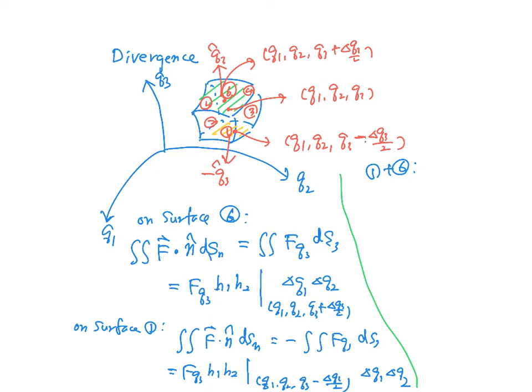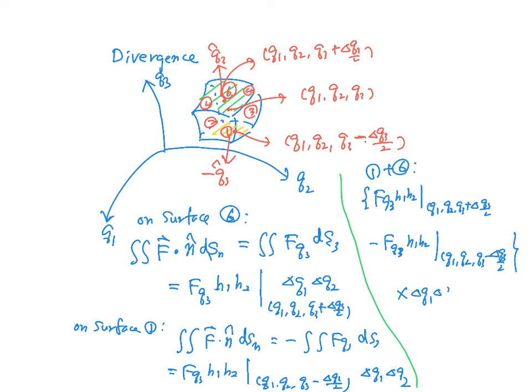That is F Q3, H1, H2, at Q1, Q2, Q3 plus delta Q3 over 2 minus F Q3, H1, H2, at Q1, Q2, Q3 minus delta Q3 over 2 times delta Q1, delta Q2, right?